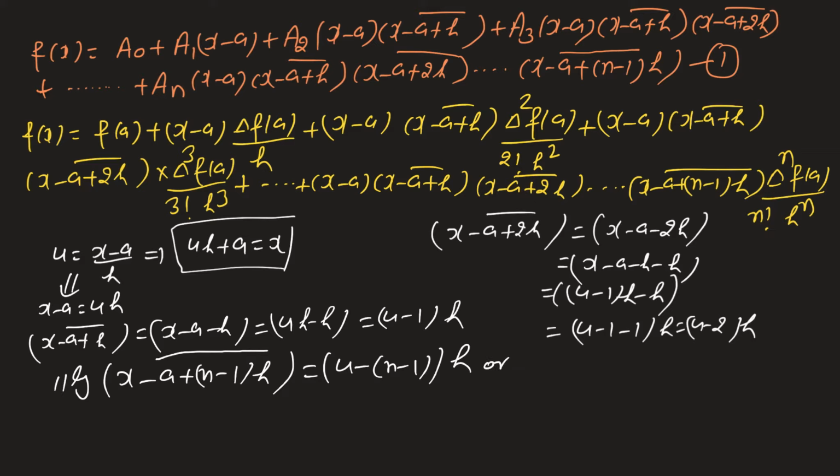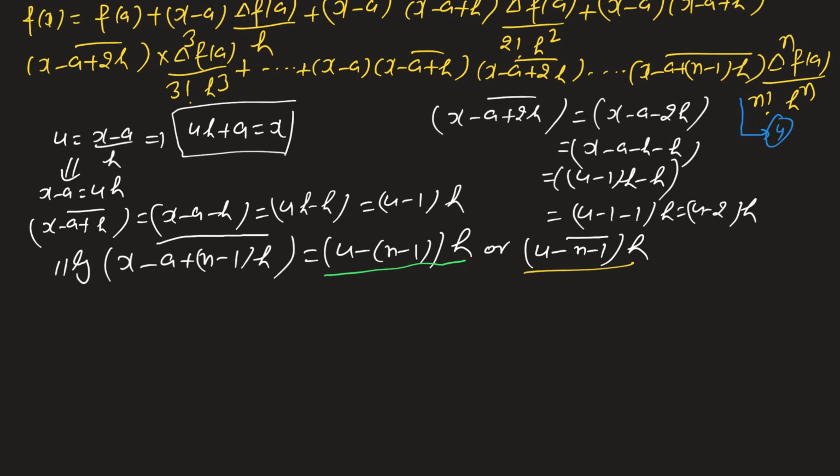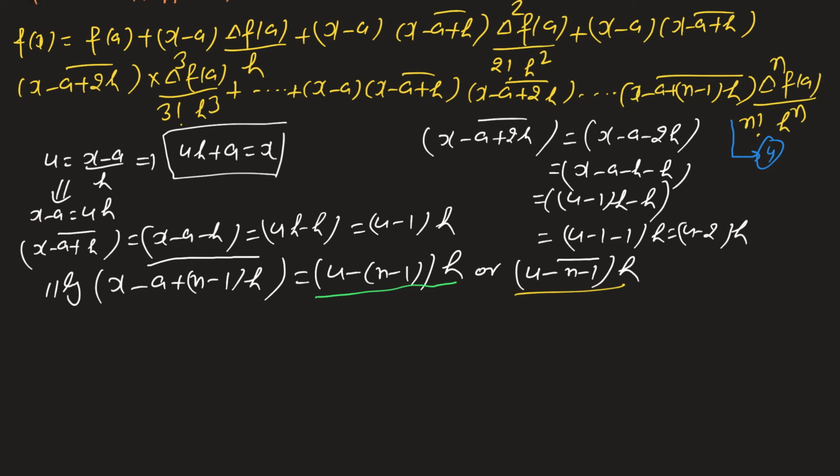Or you can also write it as (u minus n minus 1) in brackets and h, both have the same meaning. Now substituting all these values, if I name this equation as equation number 4, we will get, if we put it over here, this will be put over here, a plus hu.